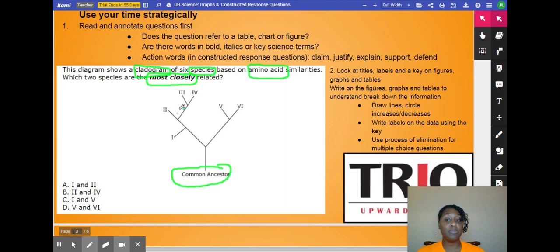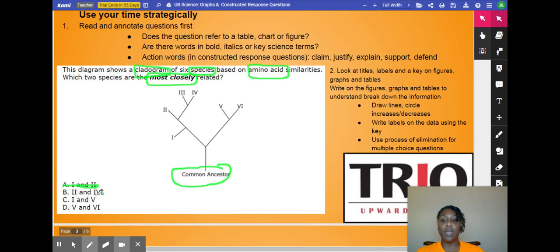So let's look at the placement of each species as presented in our multiple choice. So 1 and 2. Here's species 1, here's species 2. Even though they're on the same side, we see that they are a little further apart than the other species on this side of the chart. So for right now, I think we can eliminate this possibility.